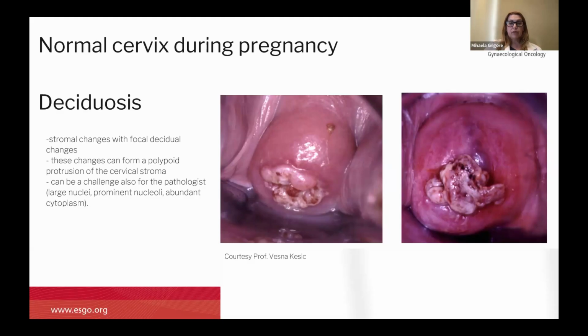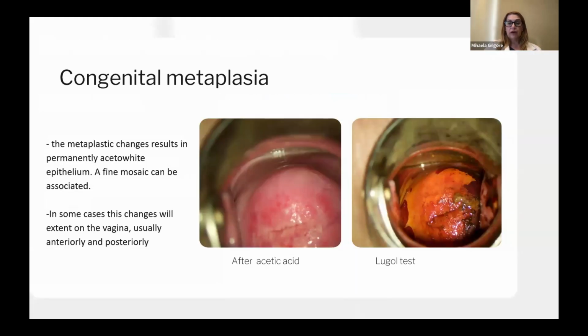And last, I would like to remind you of another normal image, the so-called congenital metaplasia. What is this congenital metaplasia? It is metaplastic changes which result in a permanent aceto-white epithelium, and in this white epithelium, we can find a fine mosaic.